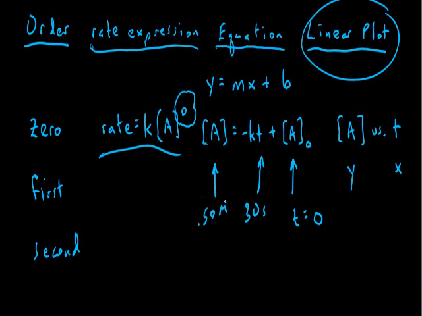If we do this over a series of times, where we find the concentration at 10 seconds, 20 seconds, 30 seconds, 40 seconds, we can plot the concentration on our y-axis and the time on our x-axis, and if this proves to be a linear plot, that tells us the reaction is 0 order with respect to chemical A.